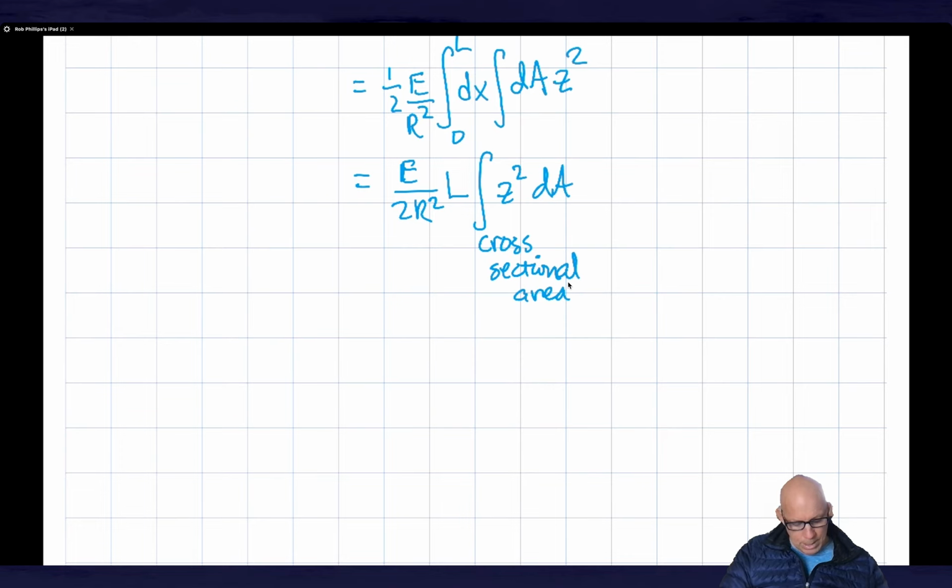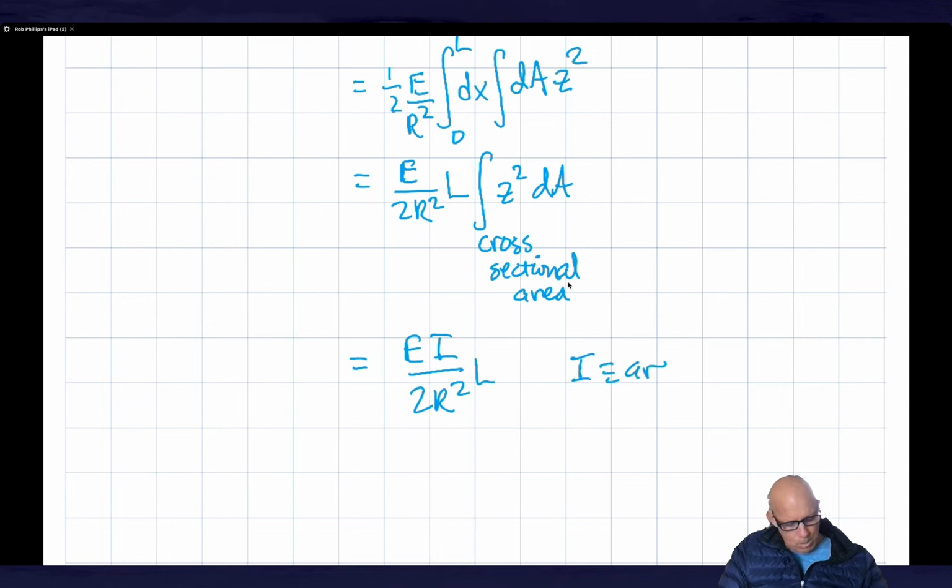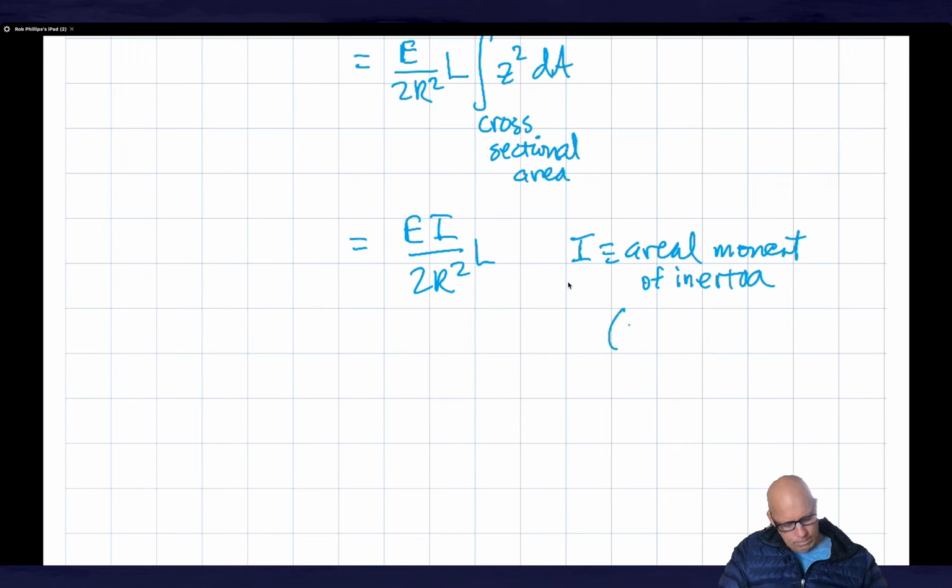What we're left with is what I'm now going to refer to as E times I over 2r squared times L. I is known as the areal moment of inertia. Its units are meters to the fourth power, which is interesting. Let's see whether the units work out here.